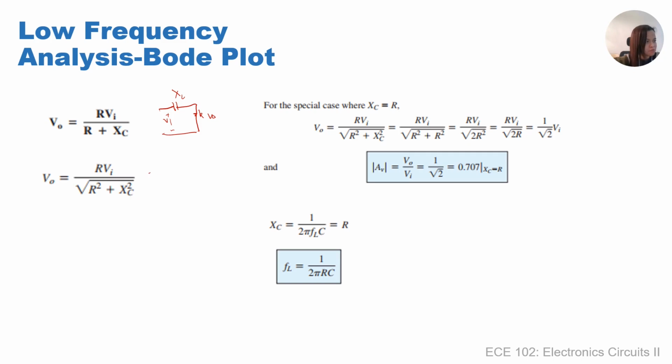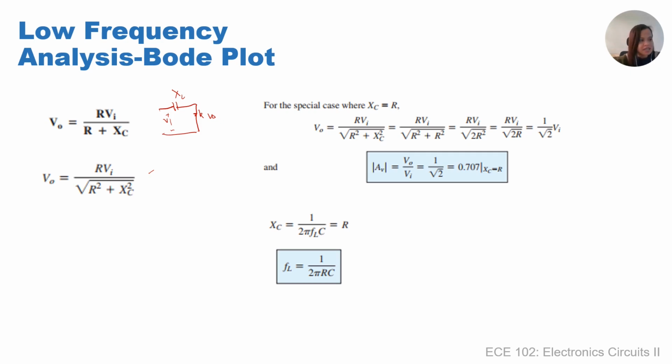The magnitude can be determined using the root mean square, so we have R times the input voltage over the square root of the square of the resistor plus the square of the capacitive element.